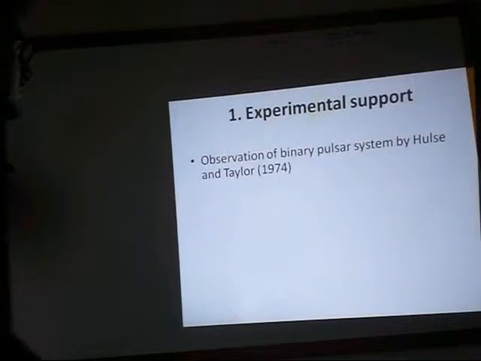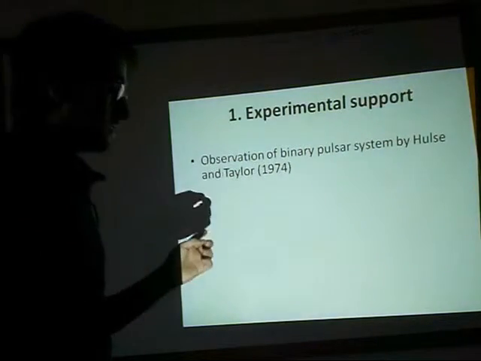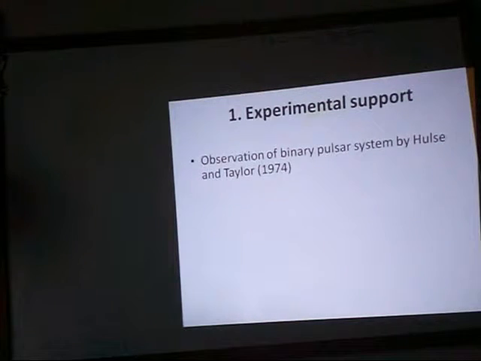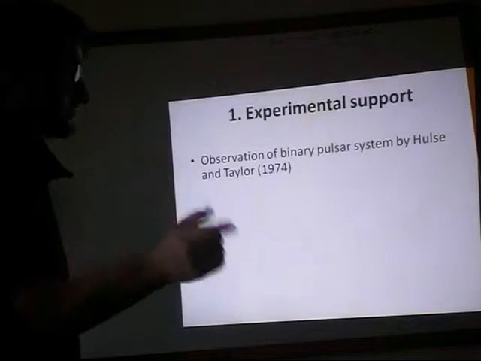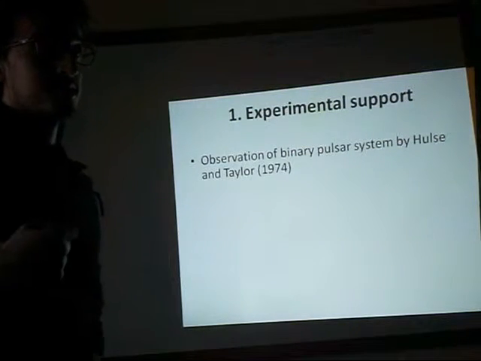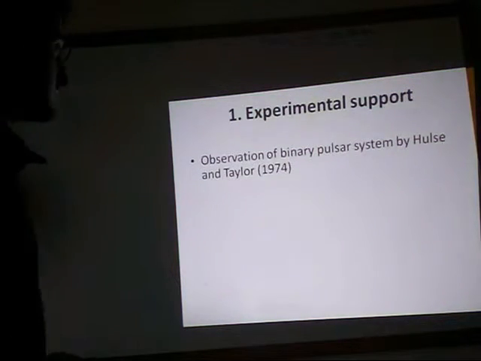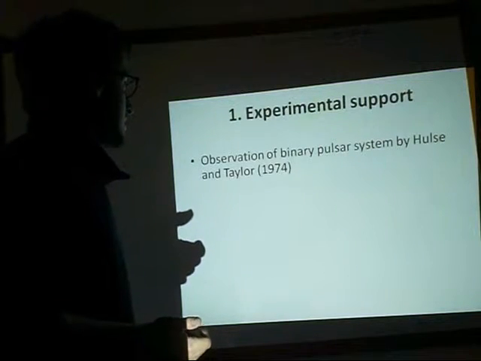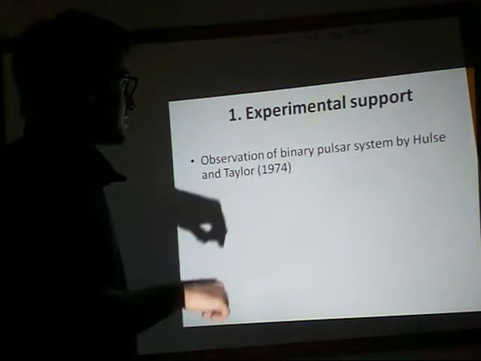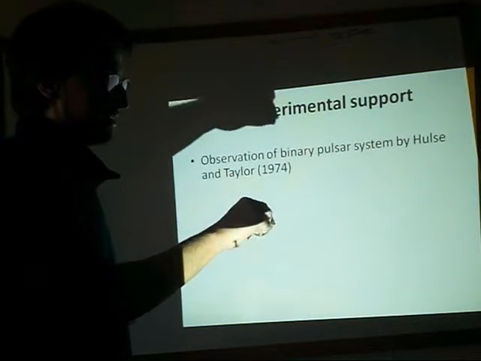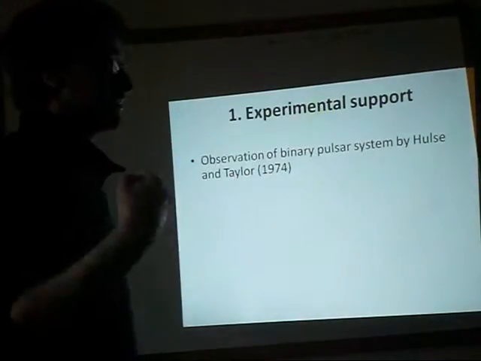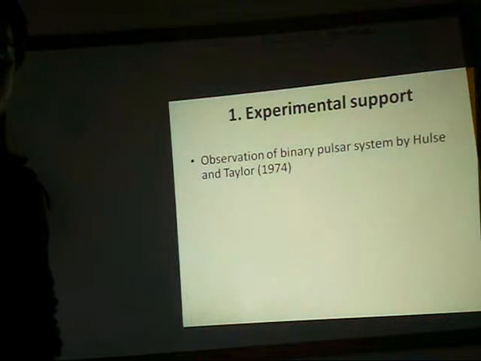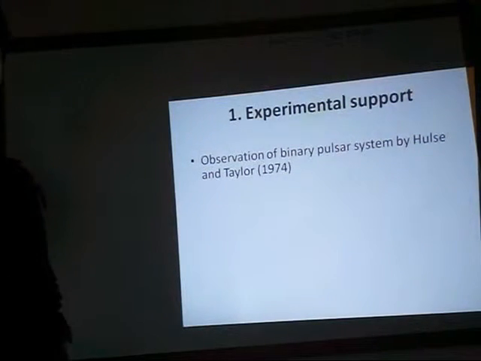Well, experimental support. Hulse and Taylor in '74 studied a pulsar that emits electromagnetic waves, radio waves, and he noted that the periodicity of the wave emission is not constant.